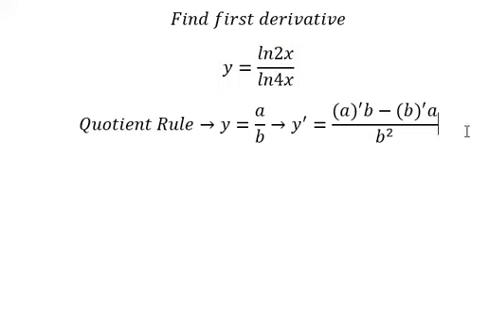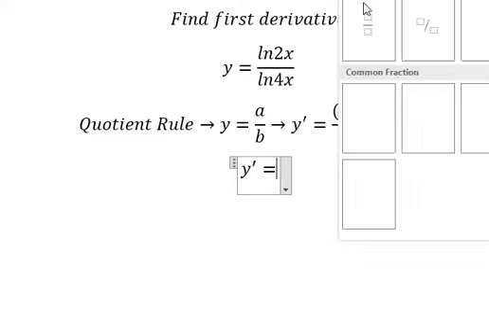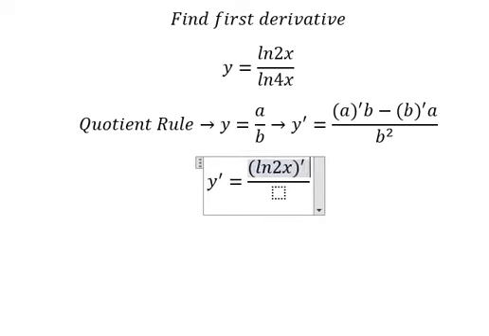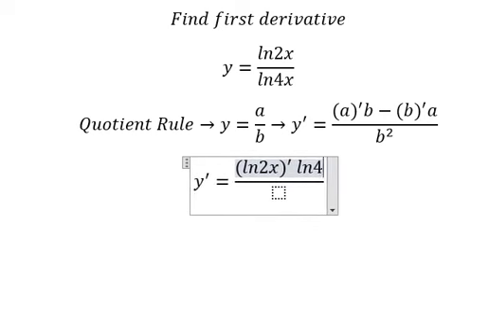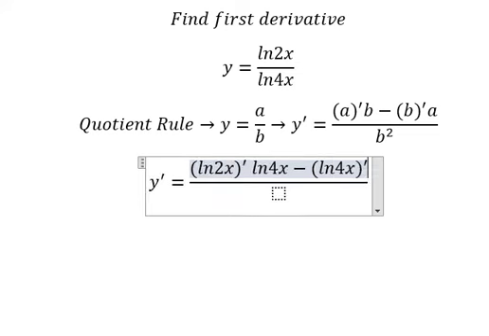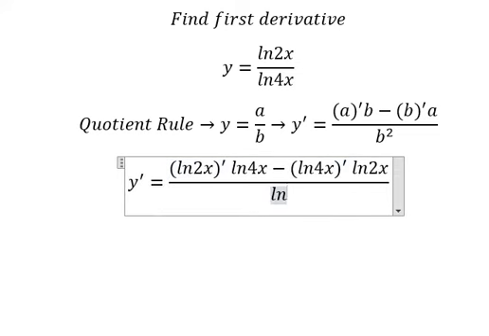So if we apply the formula in here, you will have: we need to do first derivative of ln2x multiplied by ln4x, minus, we do first derivative of ln4x multiplied by ln2x, over ln4x squared.